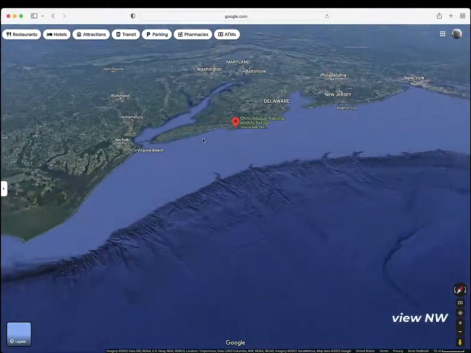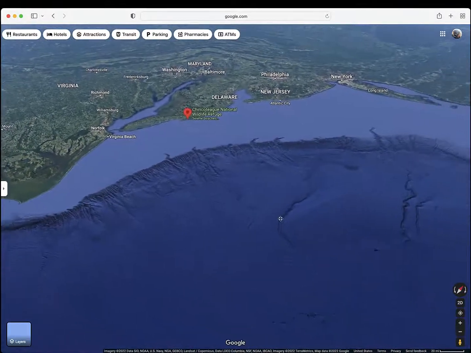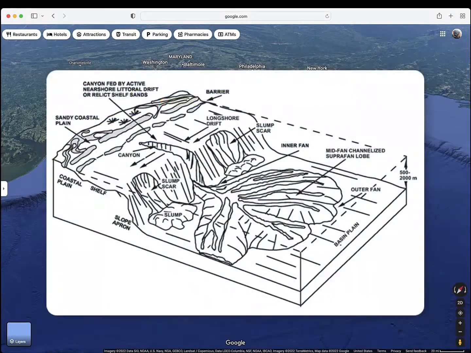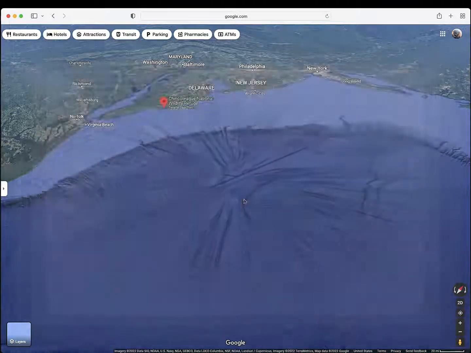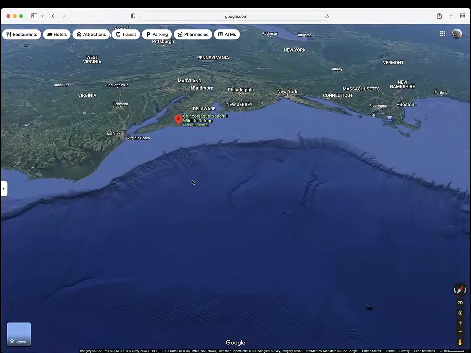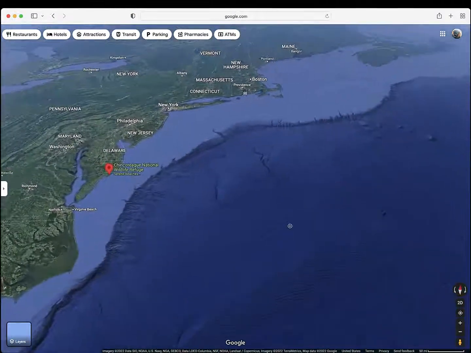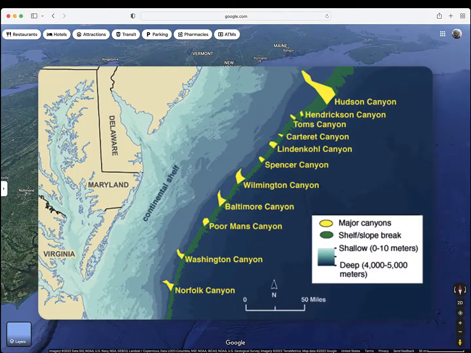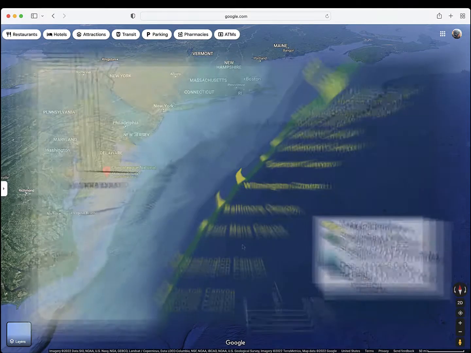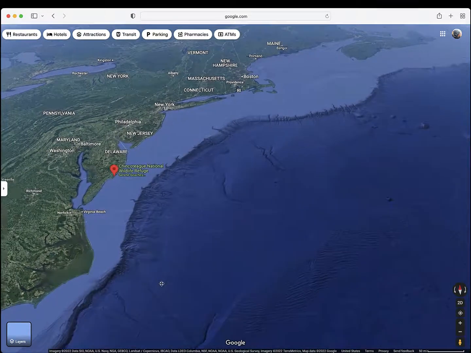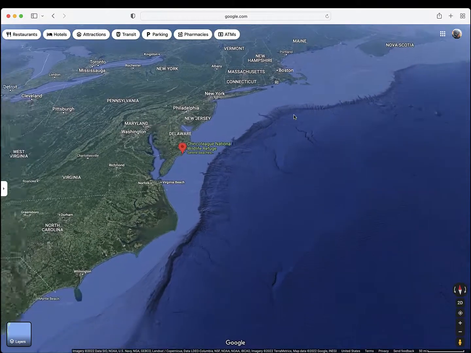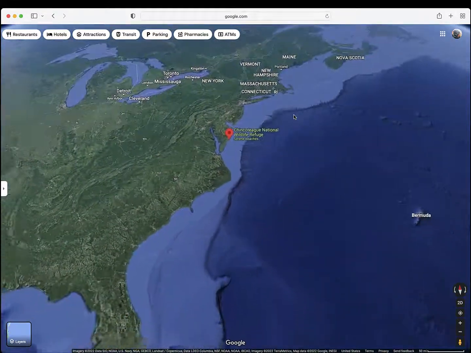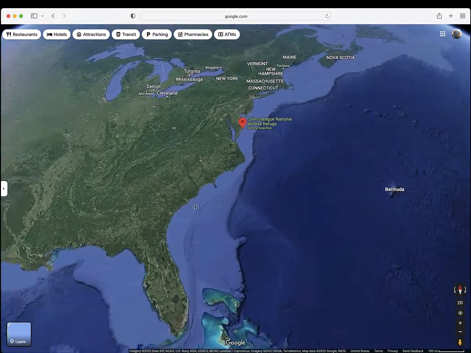Associated with many of these submarine canyon systems are large sediment fans that spread out on the continental slope and rise below. From Virginia to Canada, more than 70 named underwater canyons are present along the edge of the continental shelf. This passive continental margin stretches from Canada down the eastern seaboard around Florida and into the Gulf of Mexico.